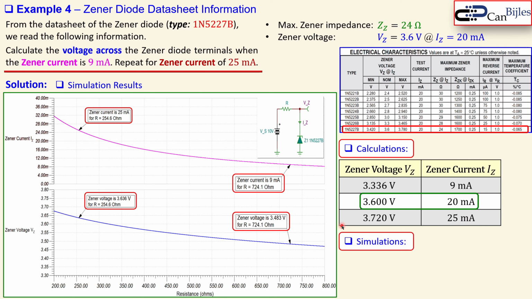And now we have the simulations, and these are the results. So you can see for the calculated part we are a little bit down, and from the calculated part for the maximum we are also a little bit up. So we are a little bit up and down because of that maximum Zener impedance we have chosen. In this case it could be that in the actual SPICE model it's not really 24 ohms but a little bit lower.